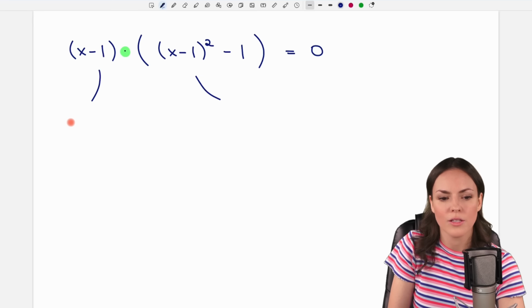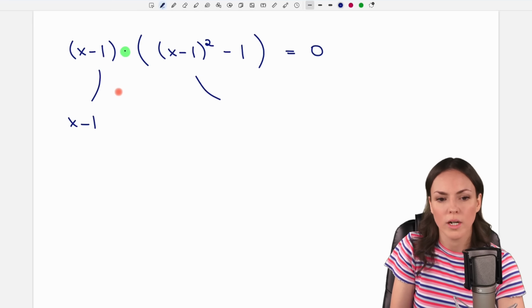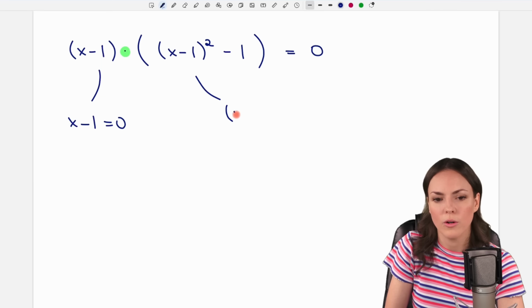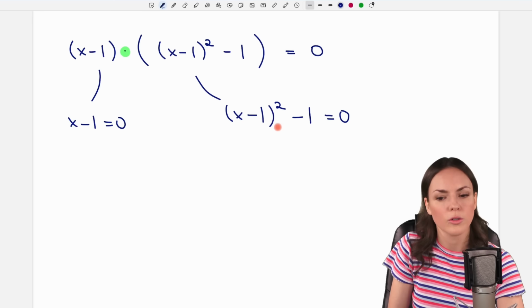So either this first thing, x − 1 equals 0, and we're going to solve this equation for x, or what we have in these parentheses here equals 0, and we're also going to solve this equation for x.